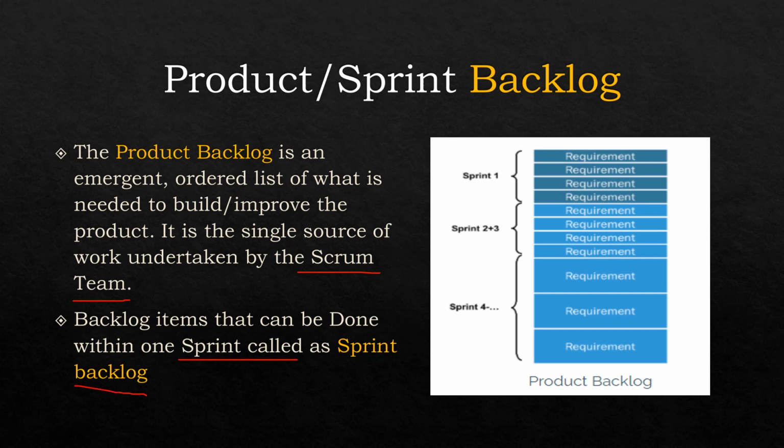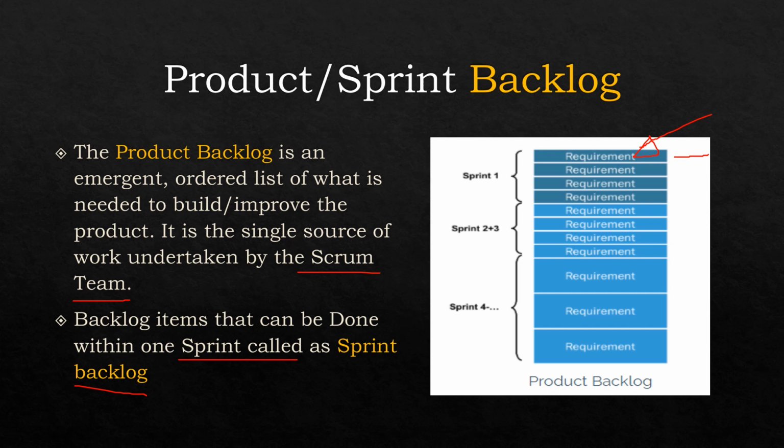We'll understand what the sprint, the sprint backlog and the product backlog are by looking at the diagram here. If you see here, all the requirements are listed in a particular order. We call these requirements user stories. This set of stories we call the product backlog, and it is managed by the product owner.